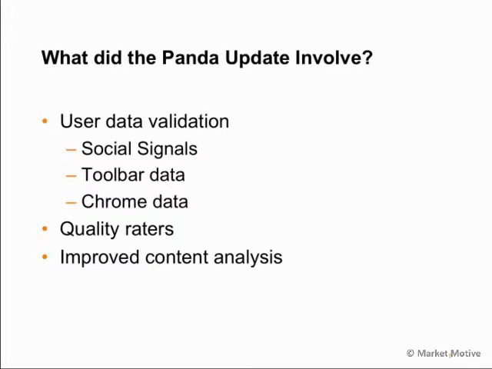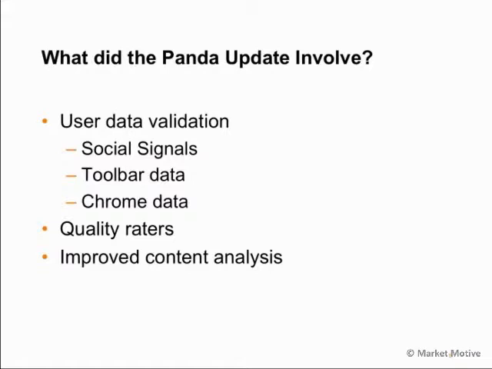It's also based on the validation that they get from social signals, things like Google Plus, the toolbar data that comes from the Google toolbar, the Chrome browser data that they get from Chrome. Essentially, it was all this user data that validated link metrics and other on-site metrics.